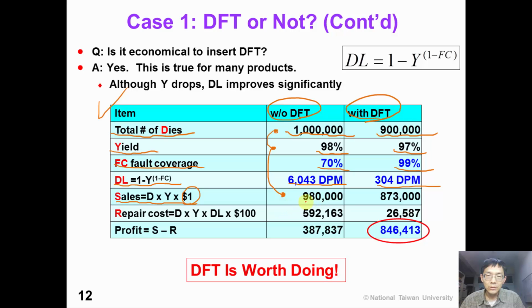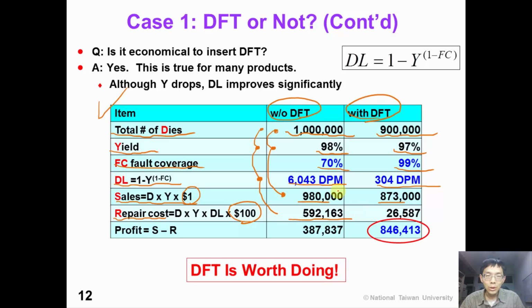So the total sales without DFT is $980,000 and $873,000 with DFT. And the repair cost is equal to the number of dies times the yield times the defect level times $100 per die.